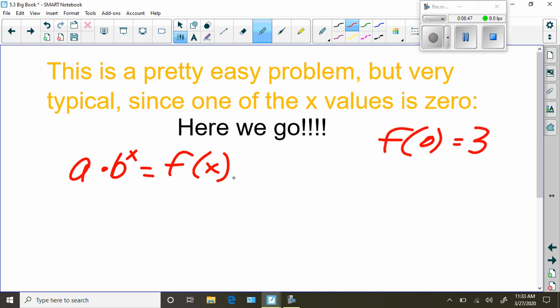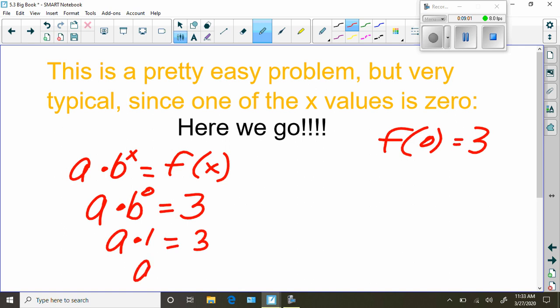That means when x is 0, the answer is 3. Well, b to the 0 is 1. So the value of a, the multiplier, is 3. Okay, so far so good.